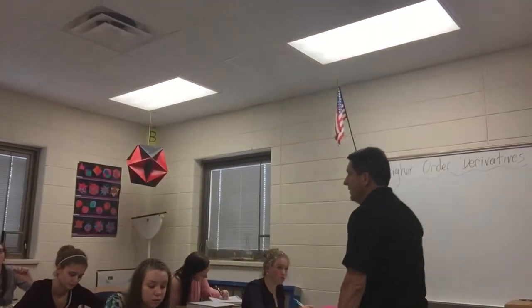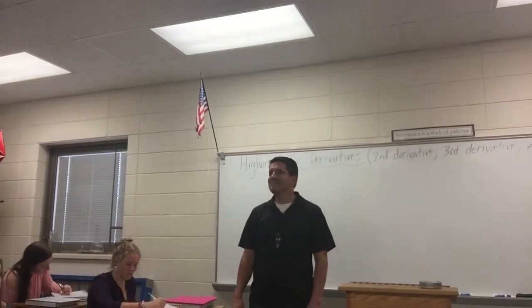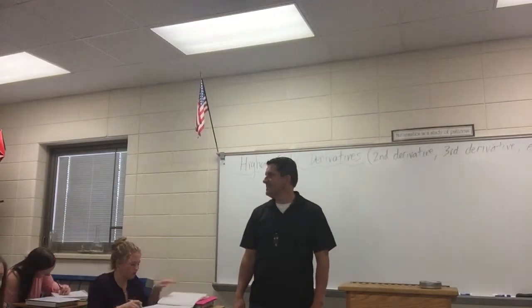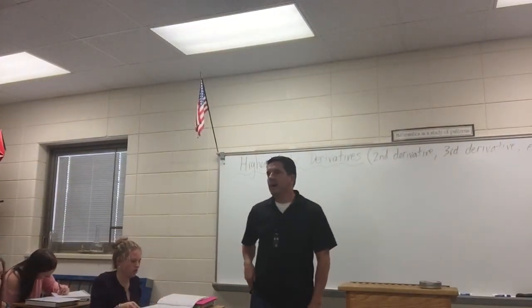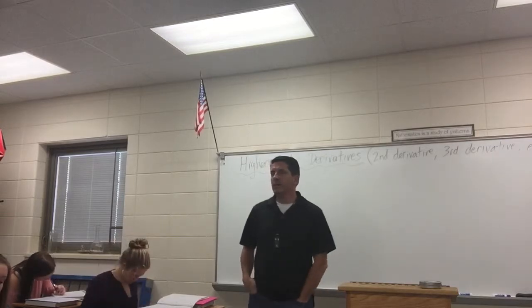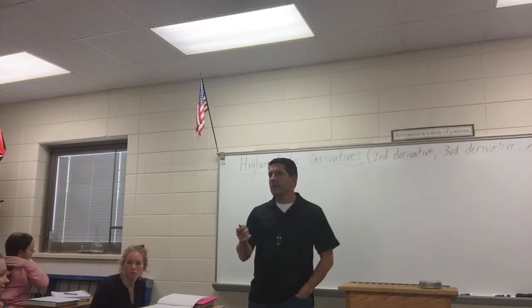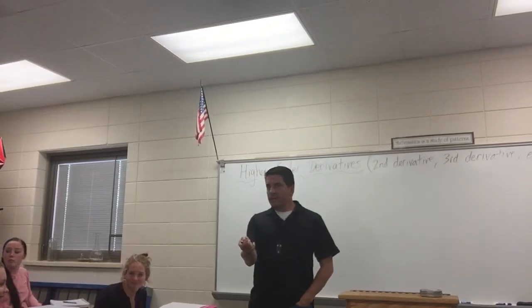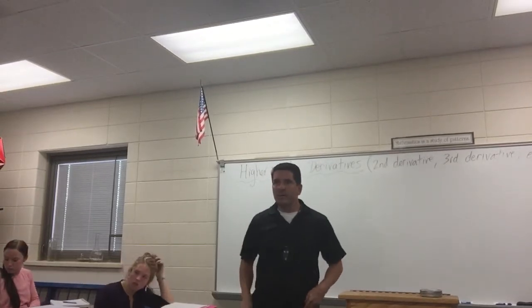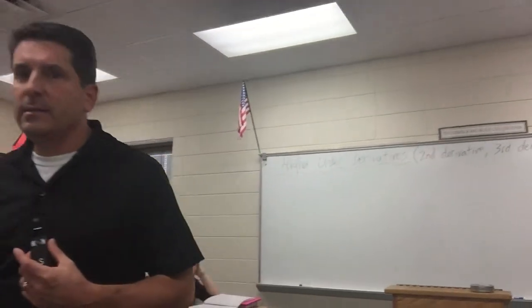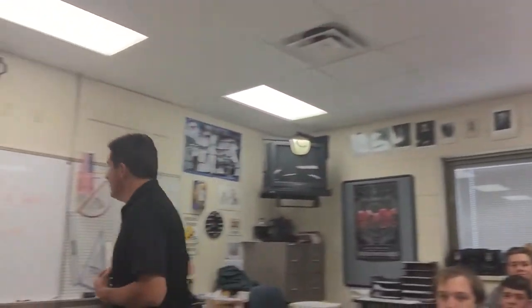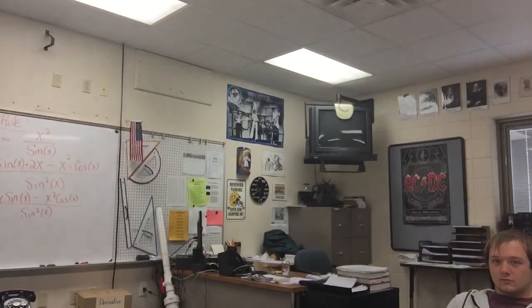Okay, yes. Does it matter if you flip-flop, like, in the quotient rule, if you had it be f prime of x times g of x minus g prime of x times x? That's a great question. Let's look at this rule. So the rule looks like this.